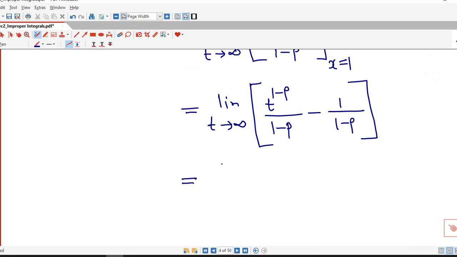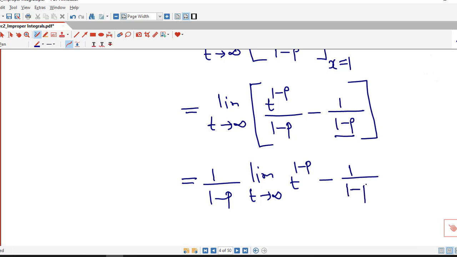Again I can rewrite this as 1 over 1 minus p times the limit as t tends to infinity of t raised to 1 minus p, and the remaining 1 over 1 minus p is independent of t, so it becomes a constant.